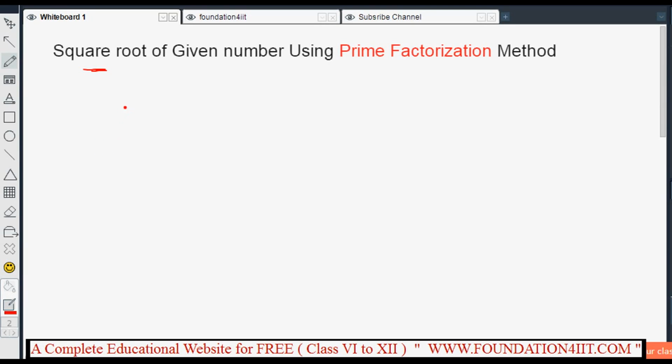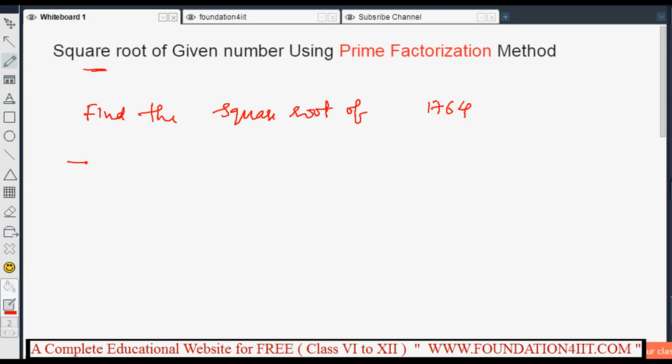For example, find the square root of 1764. This 1764 is a perfect square, and only for perfect square numbers do we use the prime factorization method to find the square root.